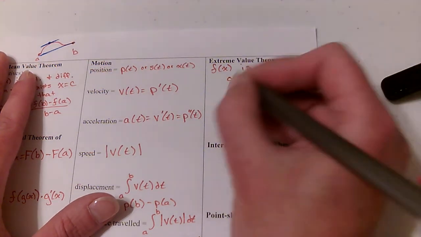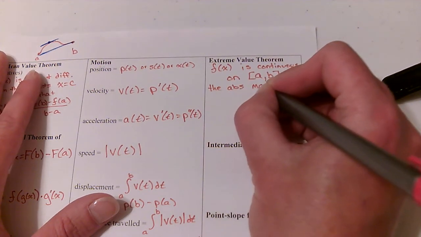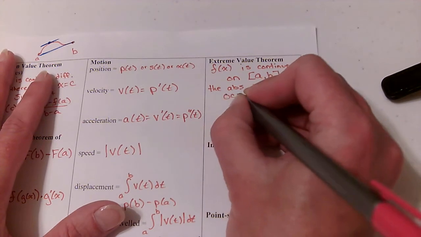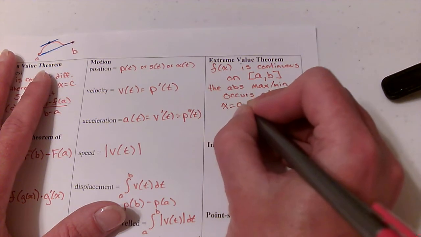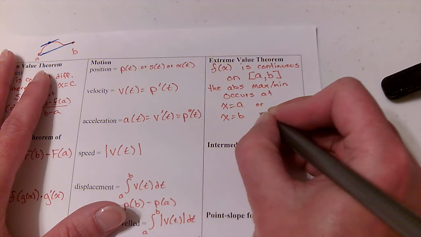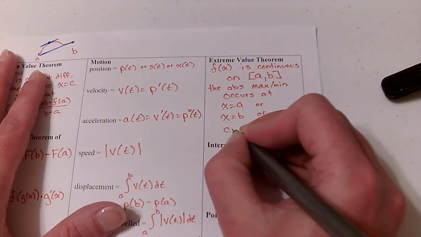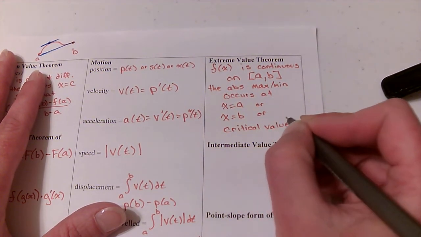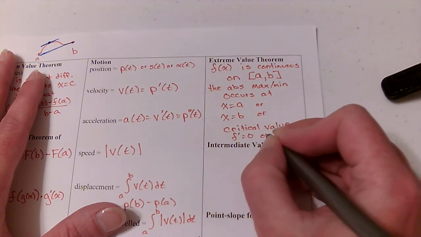If we know those things are true, then the absolute max or min could occur at one of 3 locations: X equals A, or X equals B, or a critical value. Now, what is a critical value again? That's when f prime is 0 or undefined.